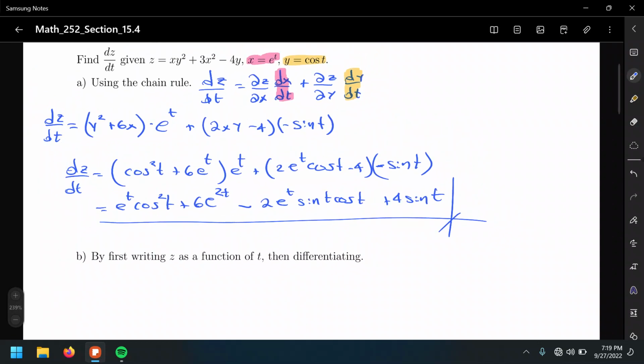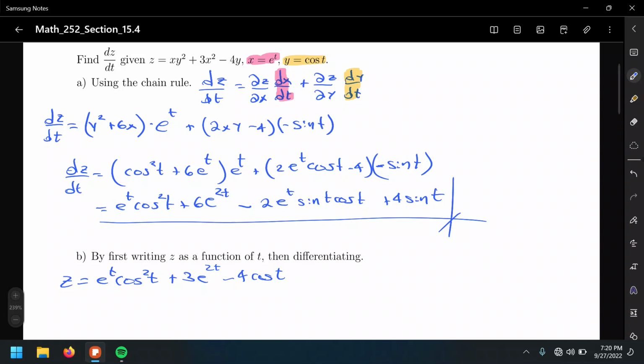Number 1. So let's write z, not yet the derivative. So in this case, x y squared, where x is e to the t, times y squared, which is cosine squared t, plus 3x, which is e to the t, and actually squared, so that's going to be e to the 2t, and minus 4y, which is cosine.